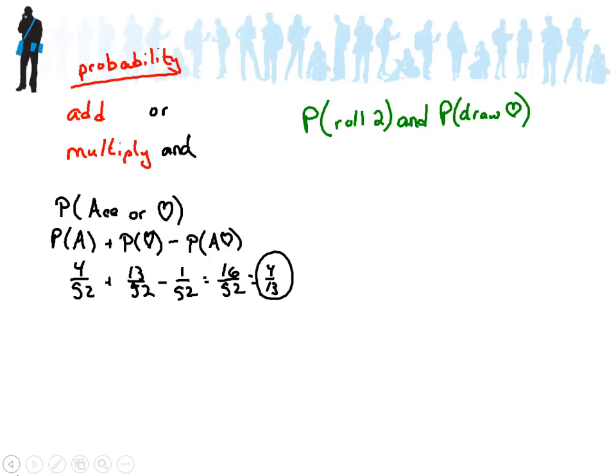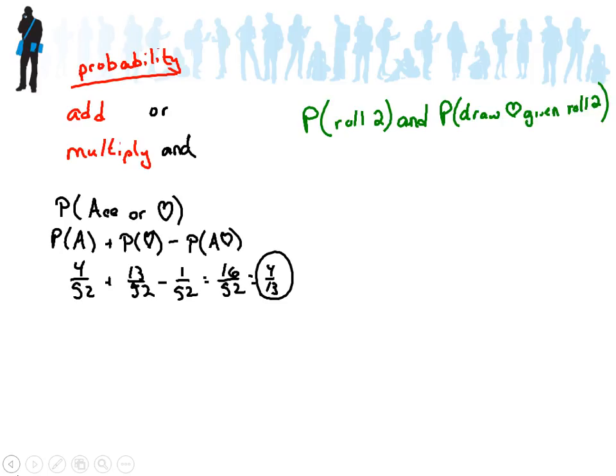So looking at the fact that these are independent events, we don't have to worry about the drawing a heart given that we just rolled a 2. The probability that we draw a heart out of a deck of cards would still be the same, given that we roll a 2.